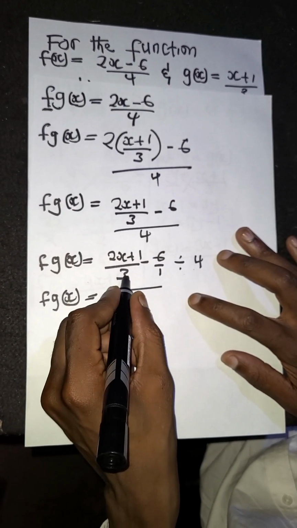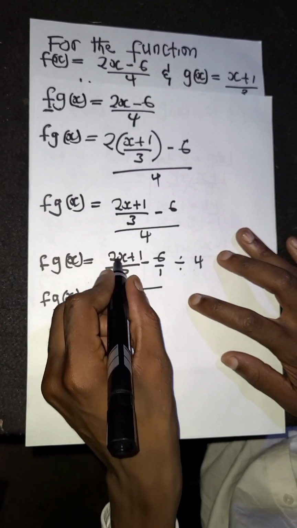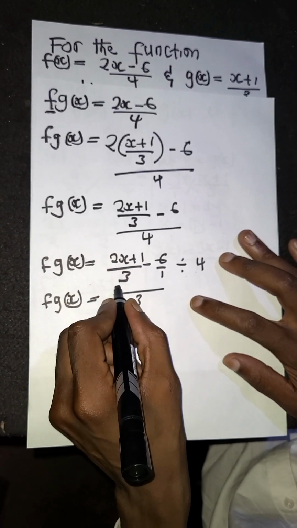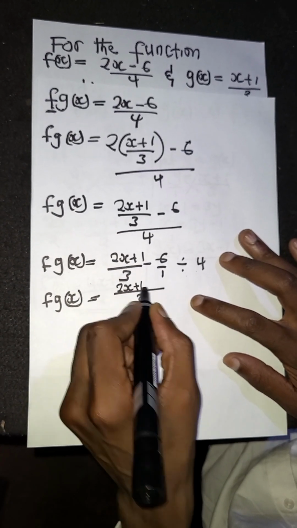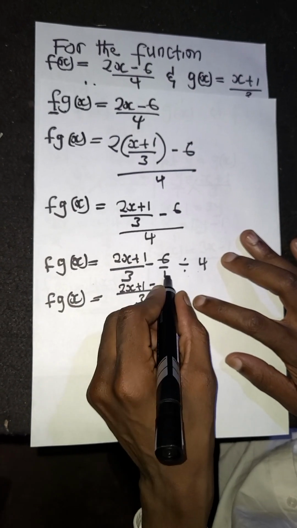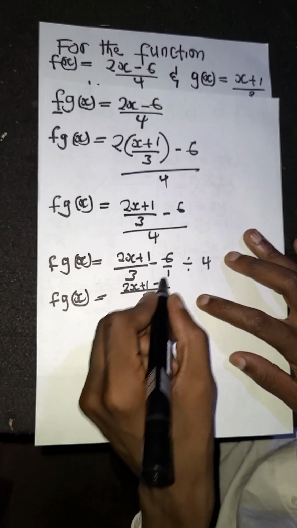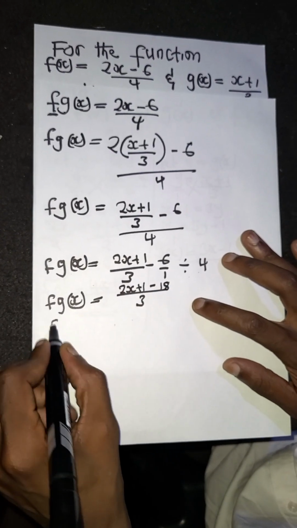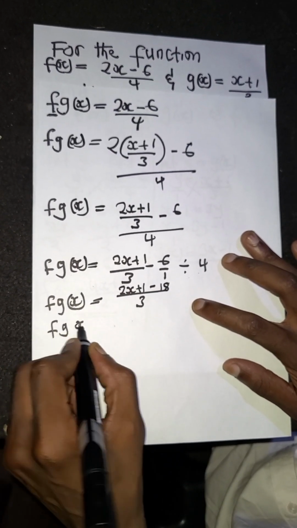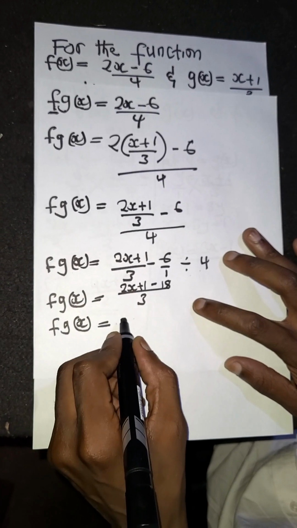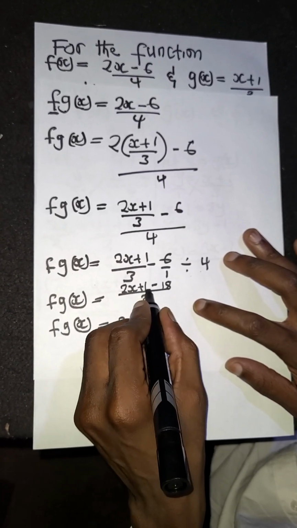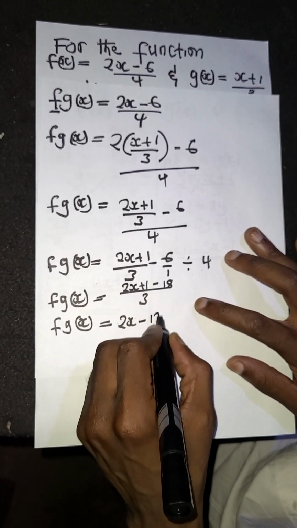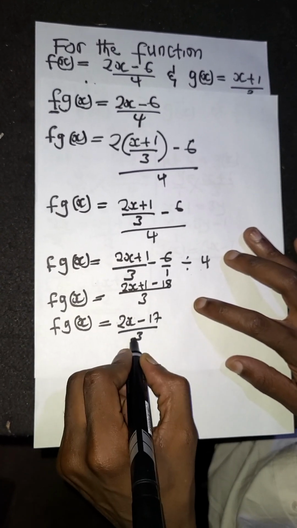It is 3. 3 into 3, it's 1. 1 multiplied by 2(x plus 1) gives us 2x plus 2, minus 1 into 3, it's a 3, 3 times 6, that's 18. So fg of x is equal to 2x, what is 1 minus 18? It's negative 17, over 3.